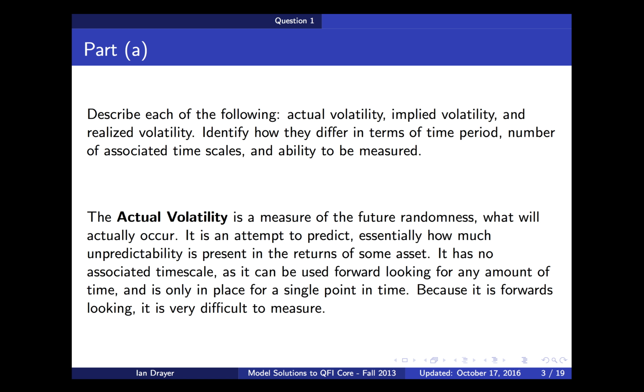Because it's forward-looking, it's nearly impossible to measure. We have no good, reliable data to go off of. The historical or realized volatility is what we'd probably be using in order to help predict this actual volatility. But apart from that, we have nothing good to go off of.